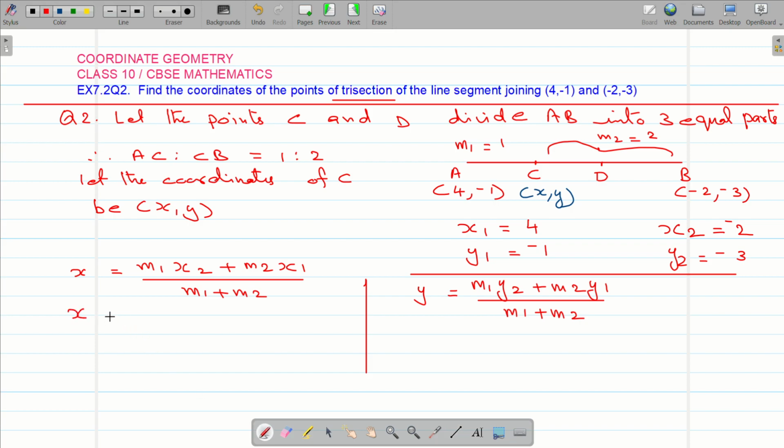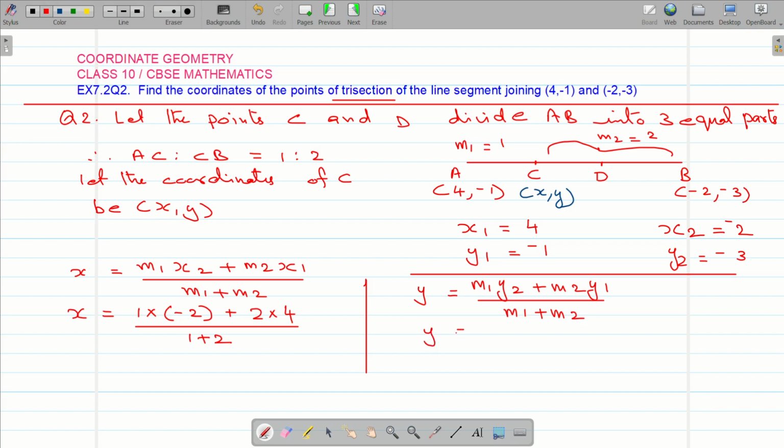We get m1 is 1, 1 into minus 2, x2 is minus 2, plus m2 is 2 multiplied by 4, divided by m1 plus m2, that is 1 plus 2.